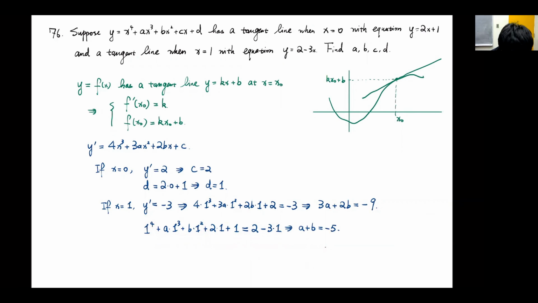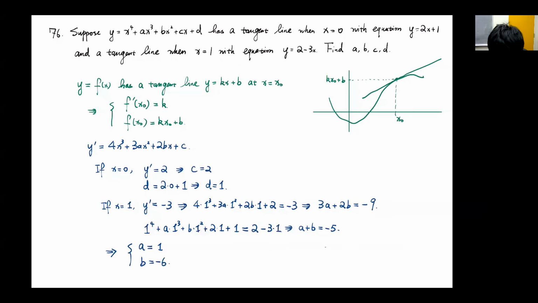Okay, so you will be able to solve for a and b from these two equations, and I will skip the process. What you will get is a equals minus 9 plus 10, that is a equals 1, and b equals minus 6. How do we see that?